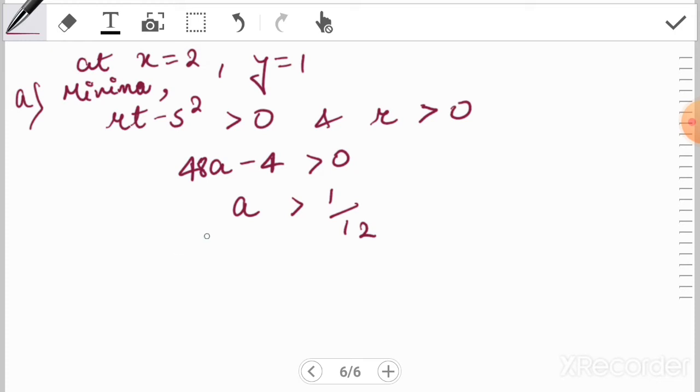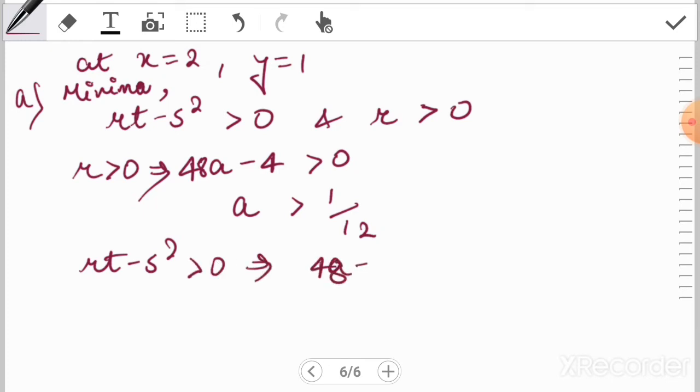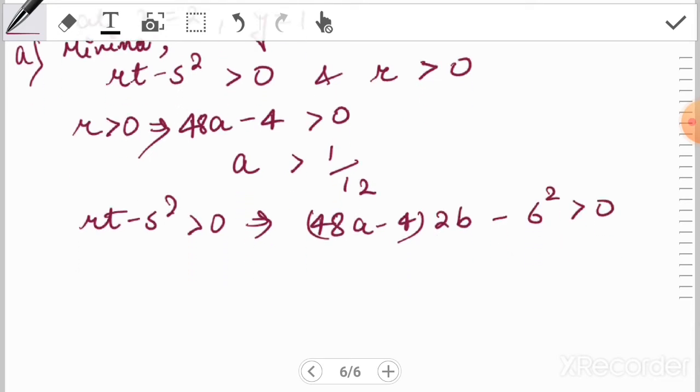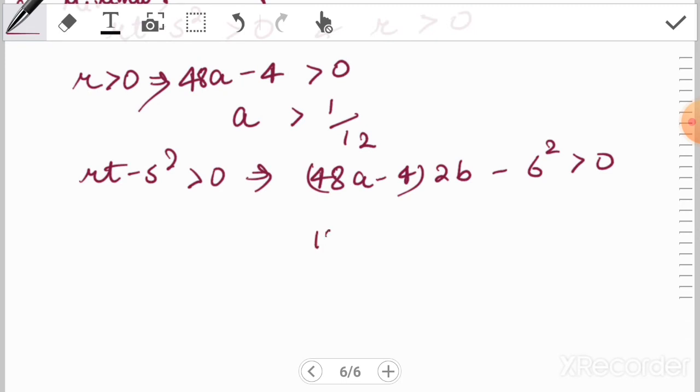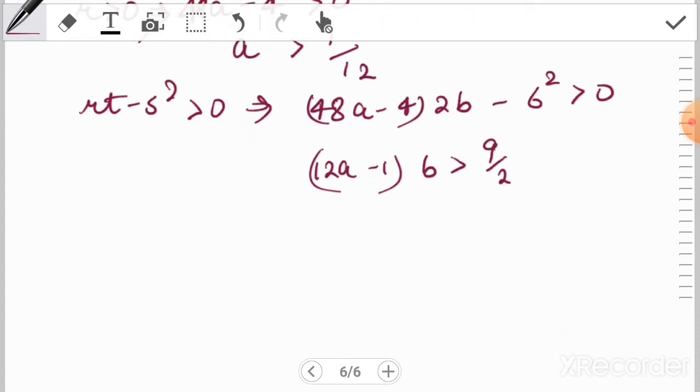And rt minus s square greater than 0 gives (48a minus 4) into 2b minus 6 square greater than 0. Solving, we will have b greater than 9 by 2(12a minus 1).